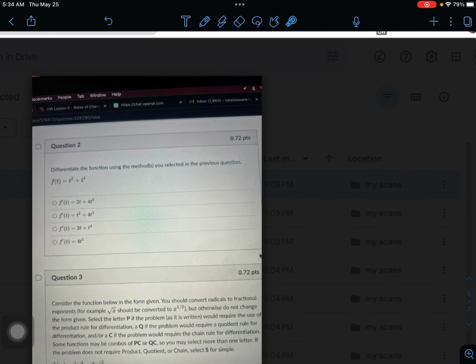And what we got was, you remember, what I just did. Brought the t to the front. I subtracted 1. I brought the power to the front. I subtracted 1. So the choice that matches that is, let me see.